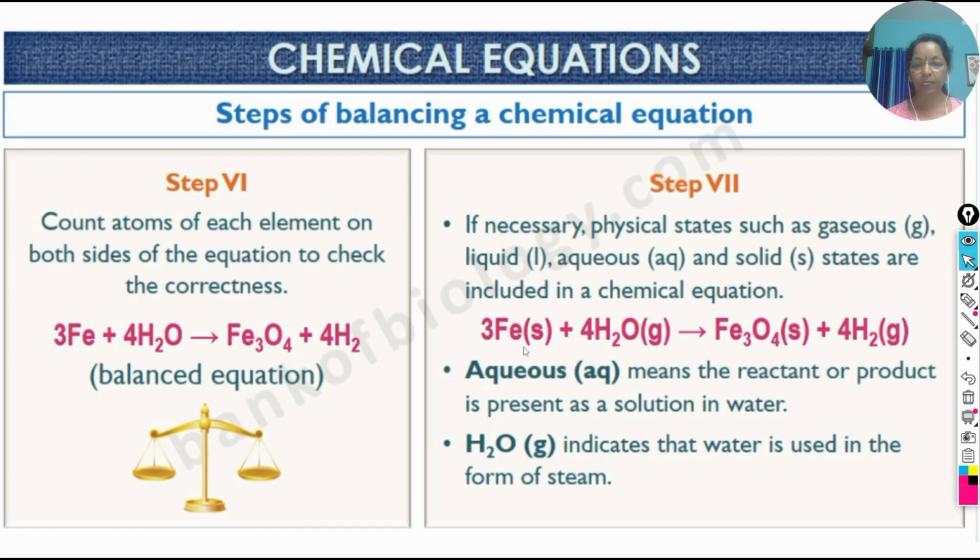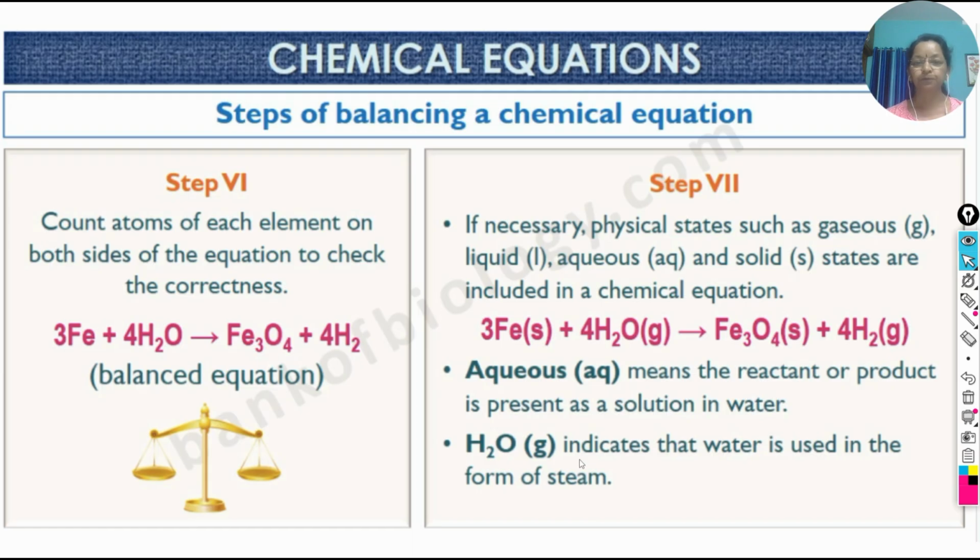Like this we can write H2O. Here it is written g, gas. That means it is not water, but it is steam. The reaction is taking place between solid iron and steam, not liquid water. That is what is shown here. So the gas symbol shows that the water is steam only.